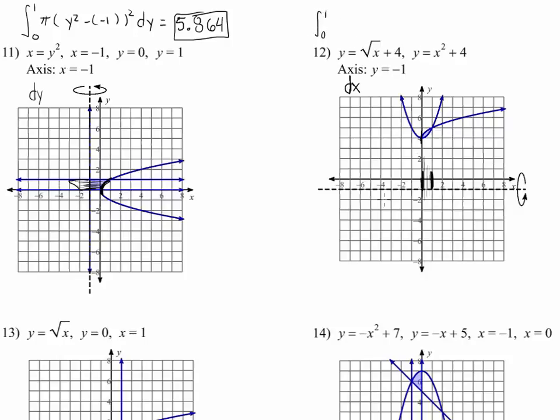We do have a hole inside of our shape. It's not a solid shape. If this guy gets rotated around, it's going to be like a really thin ring that goes around. So I want to find the volume of the outside edge. What's created by the outside edge? It's going to be pi r squared, and this is the outside edge. So this is like this guy right here.